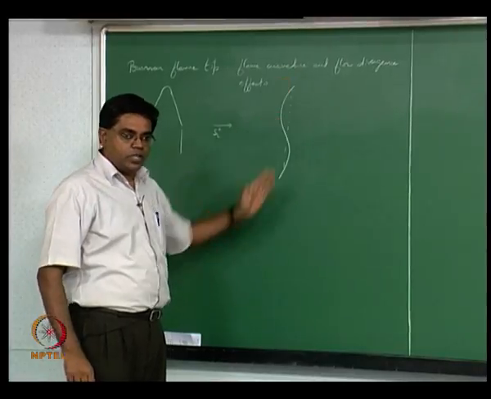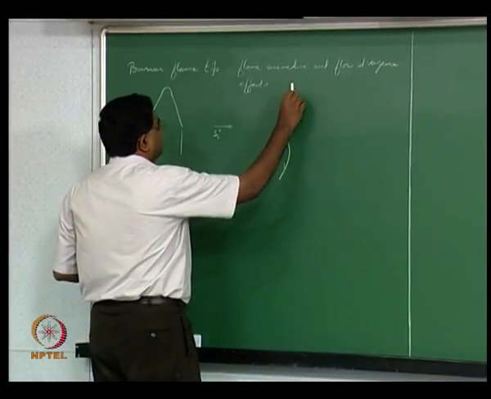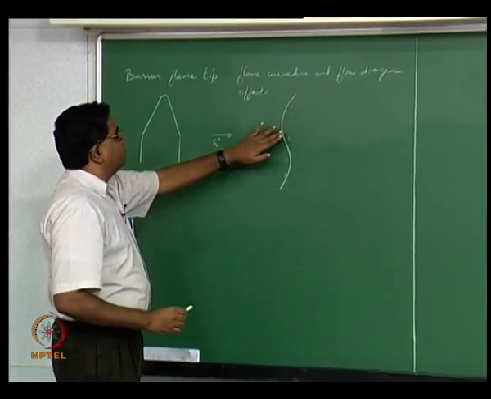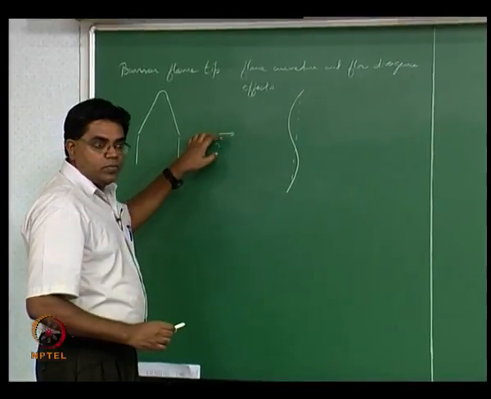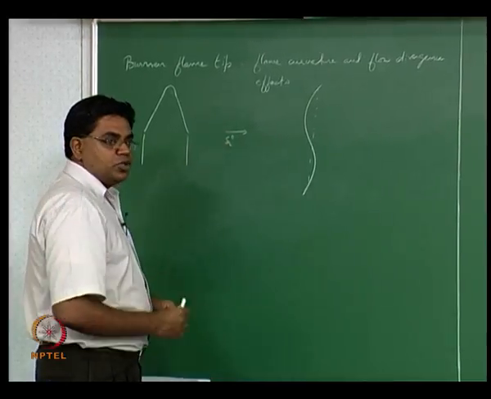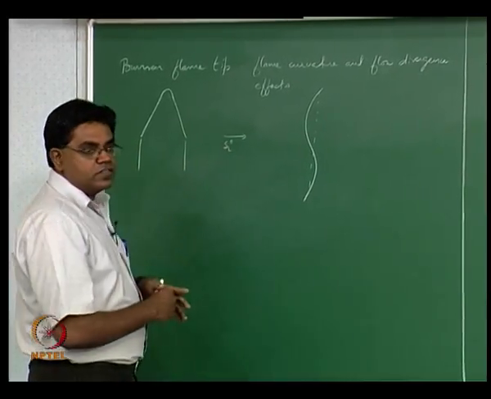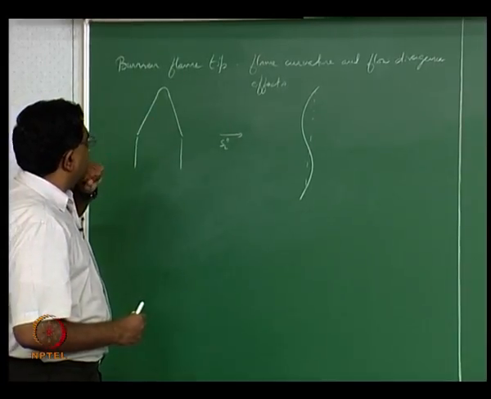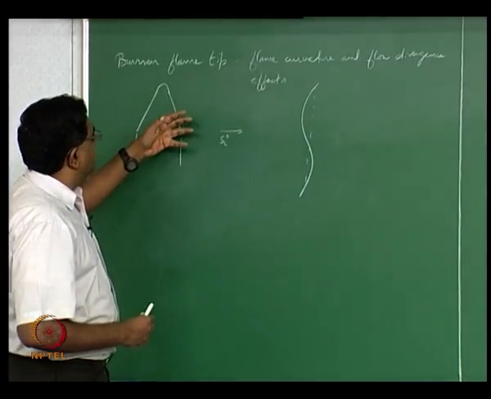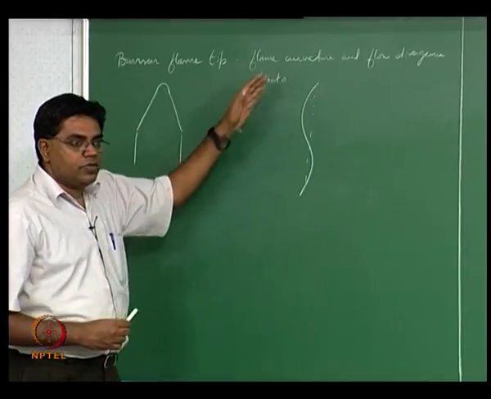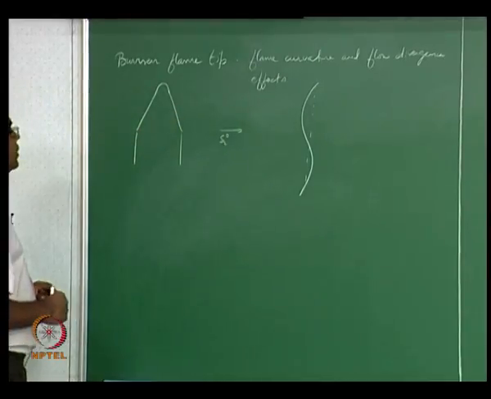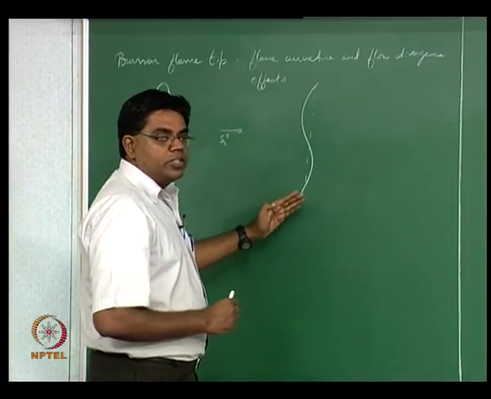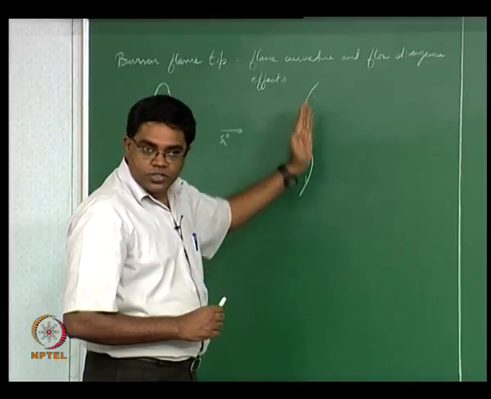So if you think about a nominally plane flame that is propagating with a flame velocity SL superscript naught, which means in a flame-fixed coordinate system you have your unburnt reactants coming into the flame at SL superscript naught, then let's think about what happens when you perturb the flame about this point.